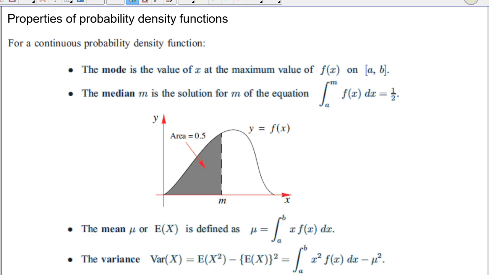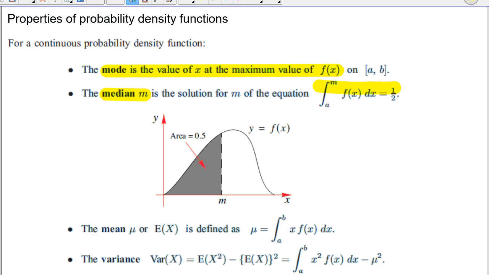Good. Some properties of probability density functions. For a continuous probability density function, the mode is the value of x at the maximum value of f(x) on the interval that is given. So the mode is where f(x) is maximum. The median is given by this formula.